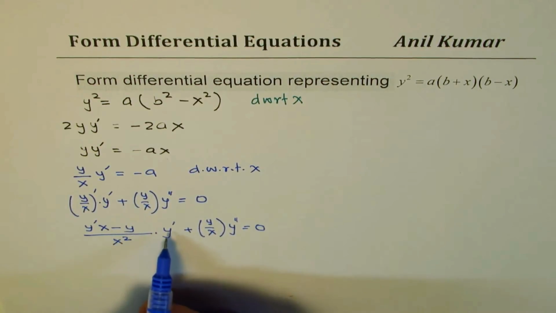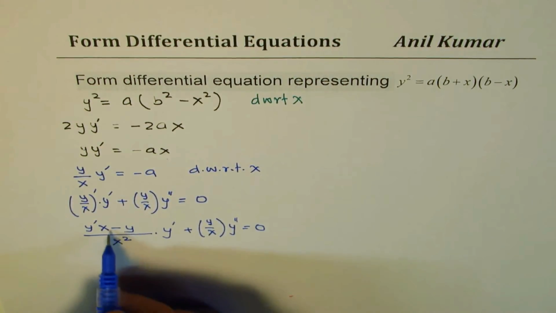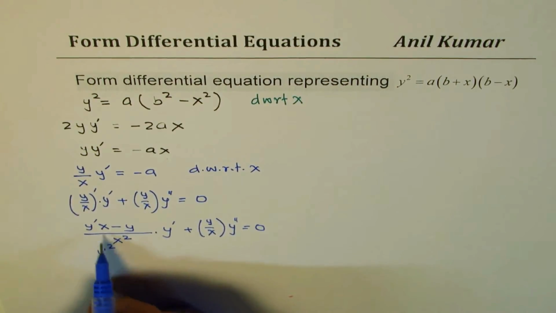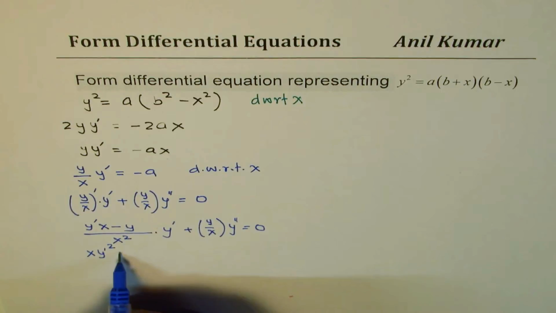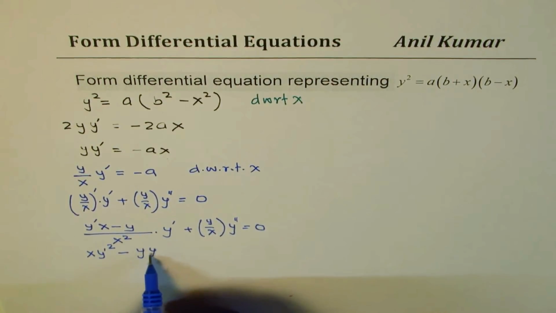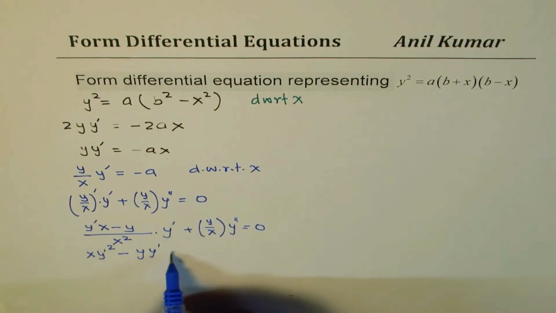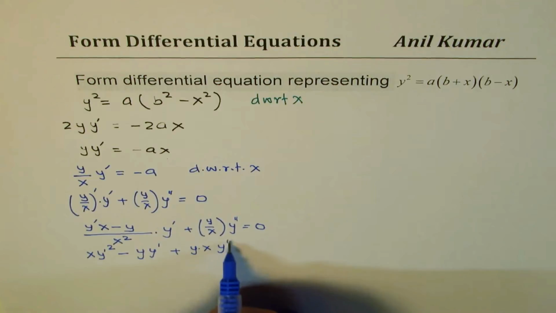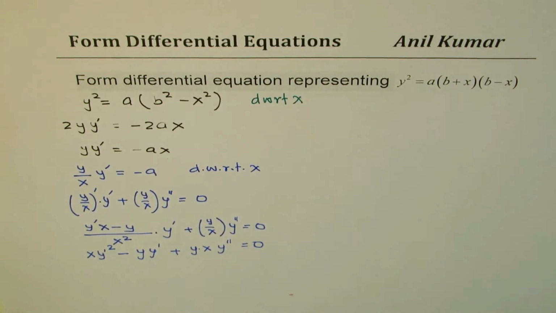So when you do that and multiply by y dash here, we get y dash square times x minus y times y prime plus y times x times second derivative equals to 0.